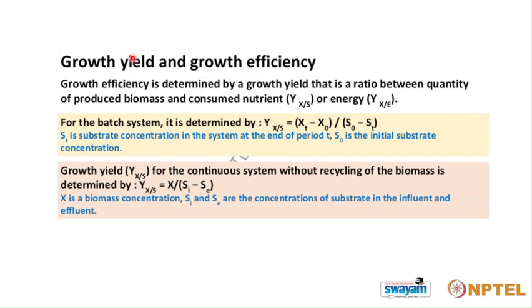So how can we calculate the growth yield and growth efficiency in batch and continuous systems? For a batch system, the yield coefficient of microbial biomass can be given by Y x by s, which is nothing but the yield coefficient of biomass with respect to consumption of substrate.